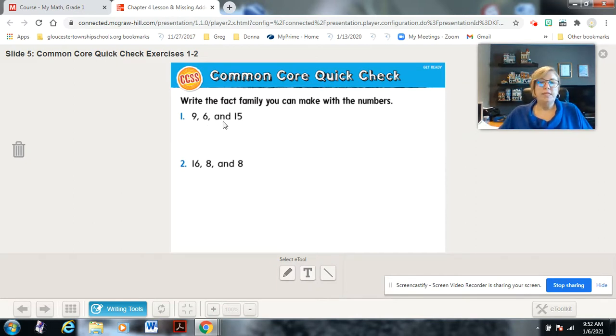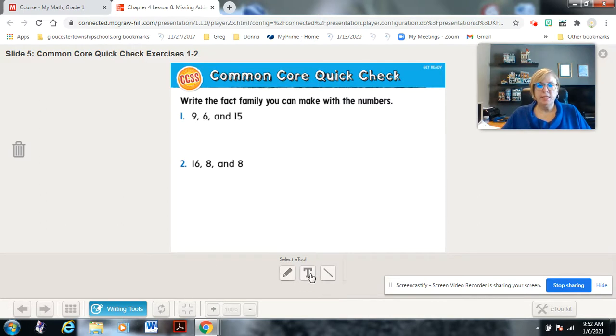When you have 3 different numbers, how many math sentences in total can you make for a fact family? Tell someone now. How many? Yes, 4. Good job. When the numbers are different, 3 different numbers, you can make 4 math sentences.